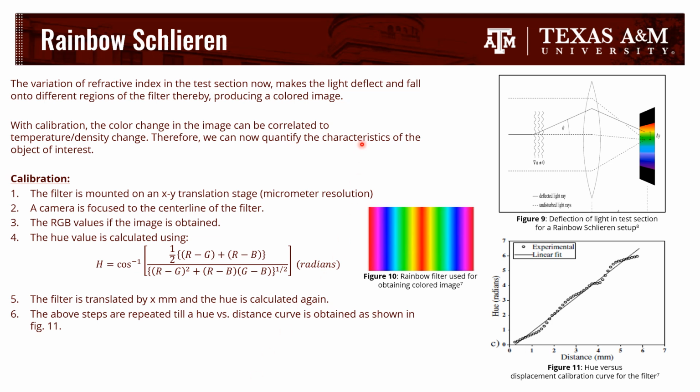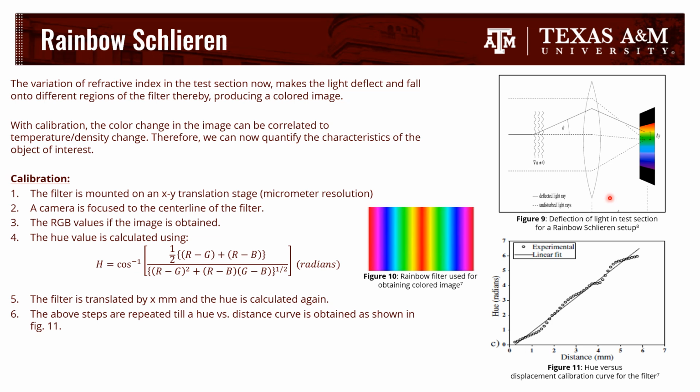The variation of refractive index in the test section now makes the light deflect and fall onto different regions of the filter, thereby producing a colored image. With calibration, the color change in the image can be correlated to either temperature or density change. Therefore, we can now not only qualitatively analyze, but also quantitatively analyze the characteristics of an object of interest.